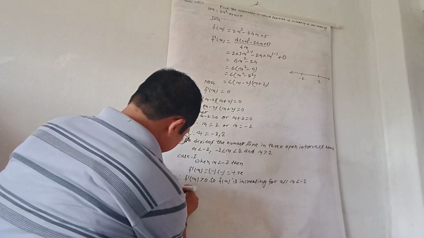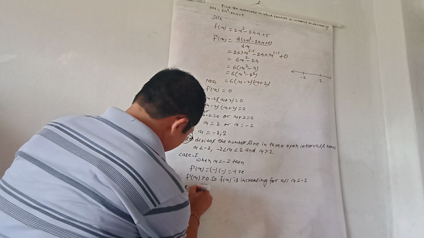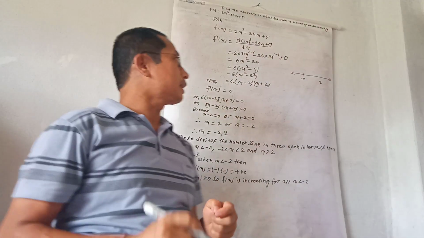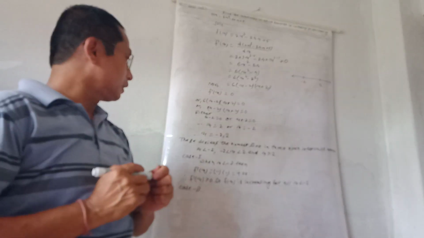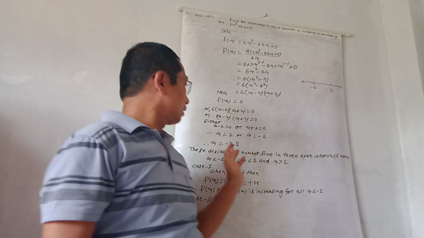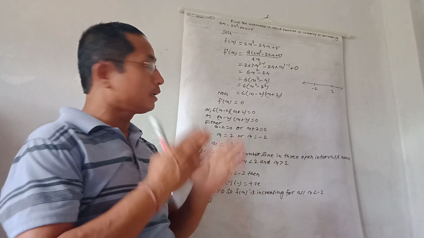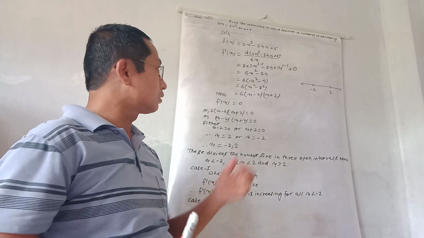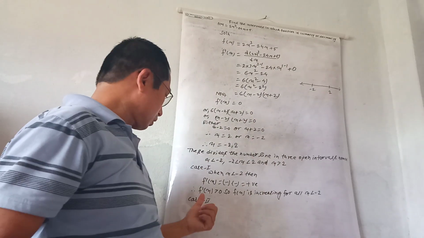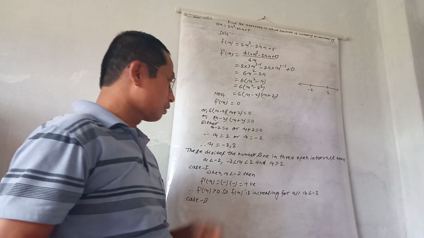Case second now. In the second case, I have said that with these points I divide the number line into 3 intervals. The first interval we already calculated. Now the second interval.